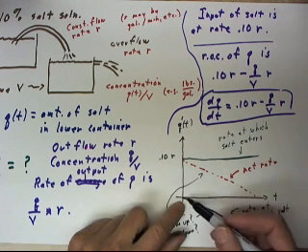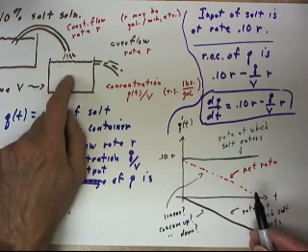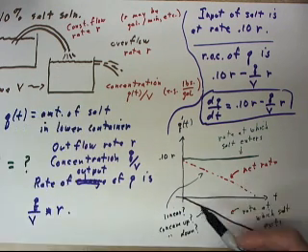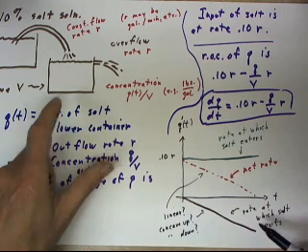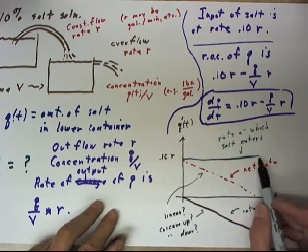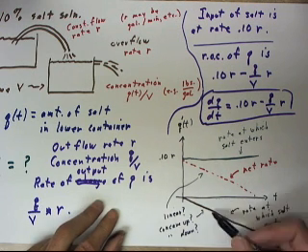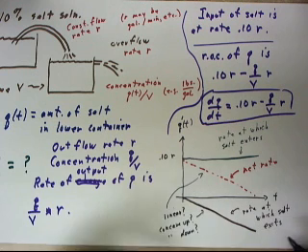Is going to be negative. The greater the time, the greater the concentration in this vat. And the greater the concentration in this vat, the more salt is going to flow out. So we have the rate at which salt enters, and we have the rate at which salt exits.